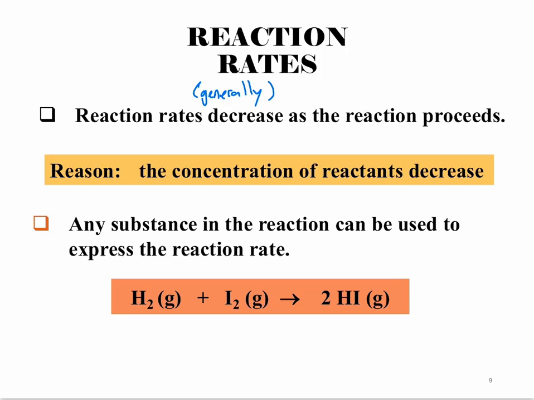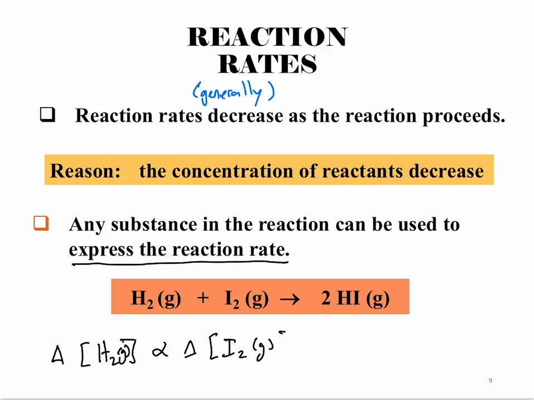So we should be able to express this for any one of the species, meaning that the change in concentration of H2 gas should be proportional to the change in concentration of I2 gas, which should be proportional to the concentration change in hydrogen iodide gas.